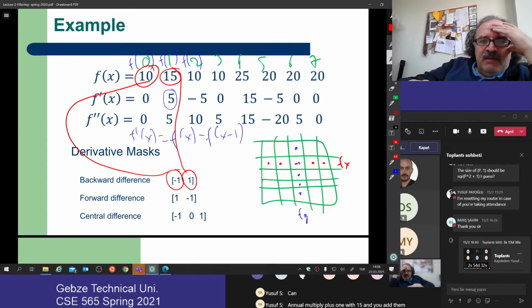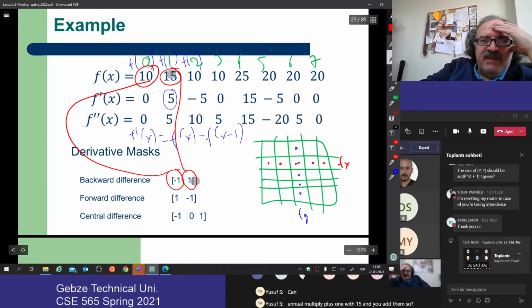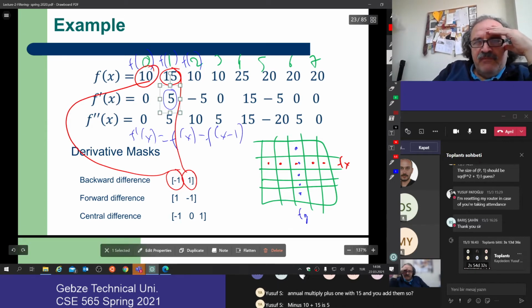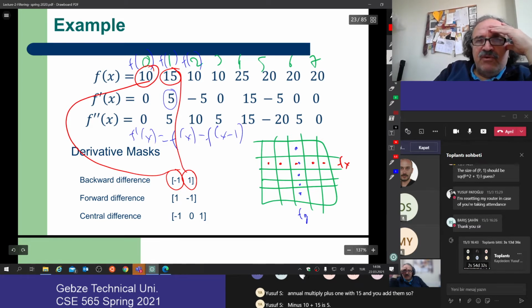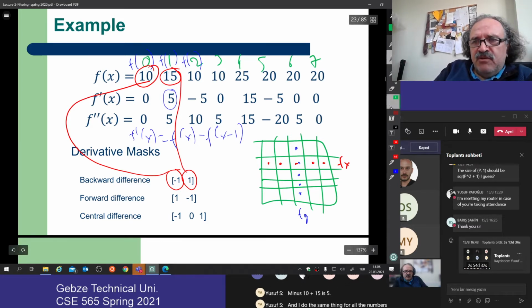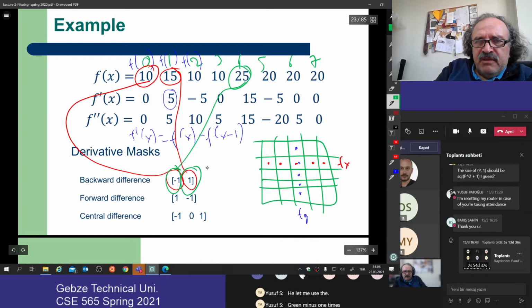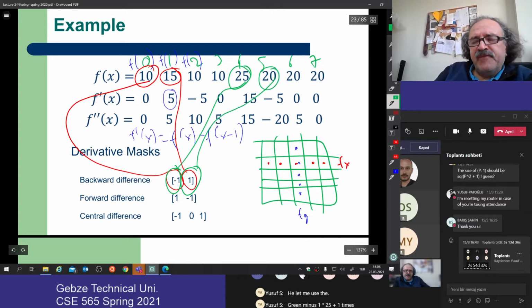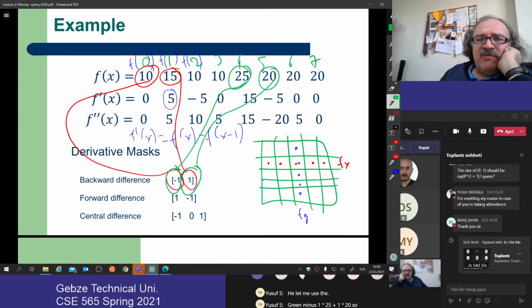So minus 10 plus 15 is 5. And I do the same thing for all the numbers. Minus 1 times 25 plus 1 times 20 is minus 5. This is where we get the minus 5.